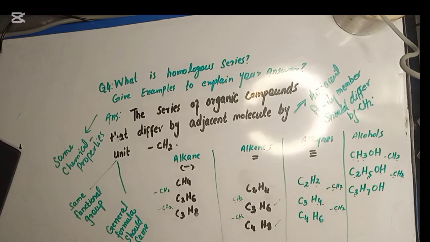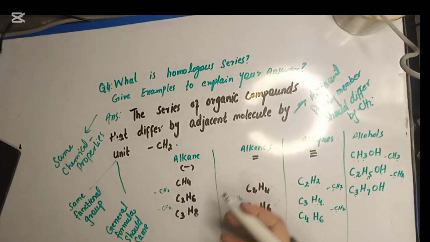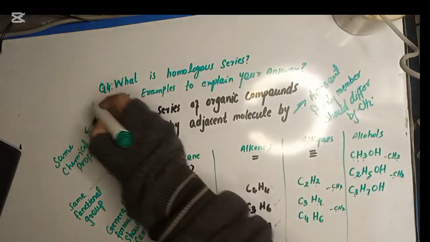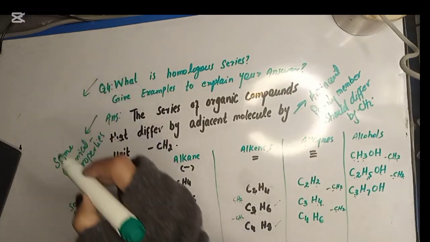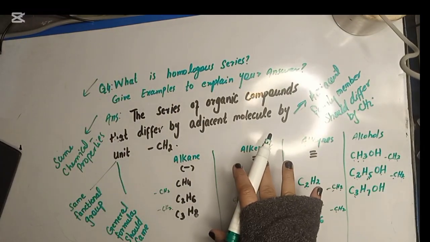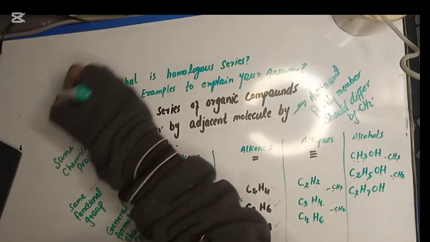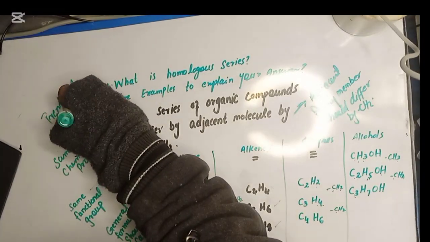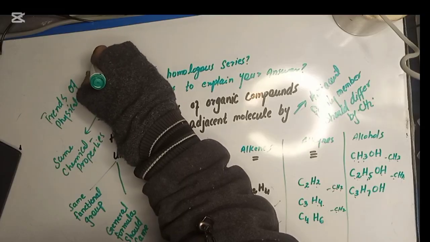All members of a homologous series should have the same chemical properties, because the electronic configuration matters for the members. Similarly, the last characteristic: it should give a proper trend of physical properties.